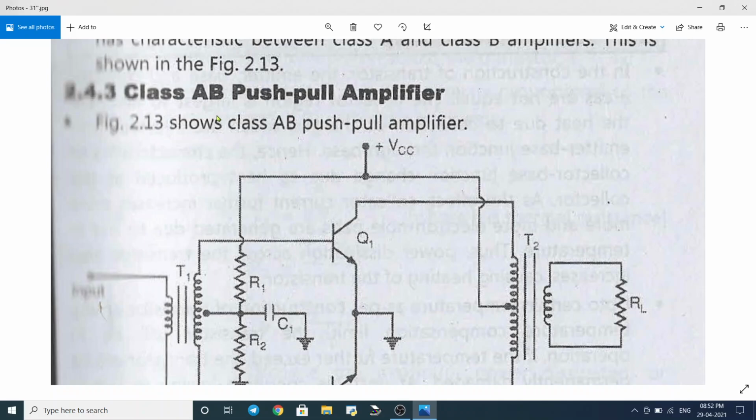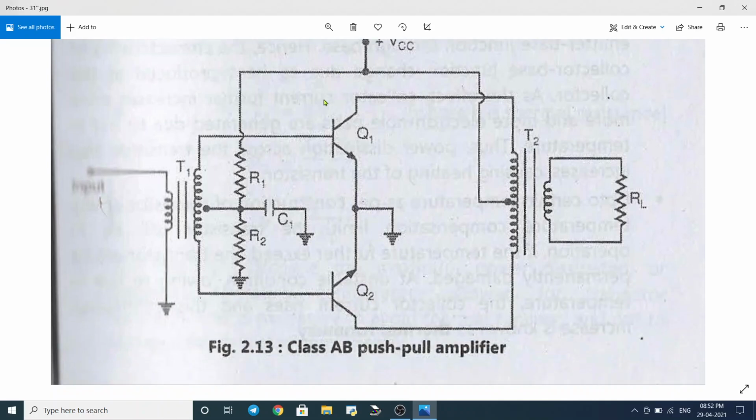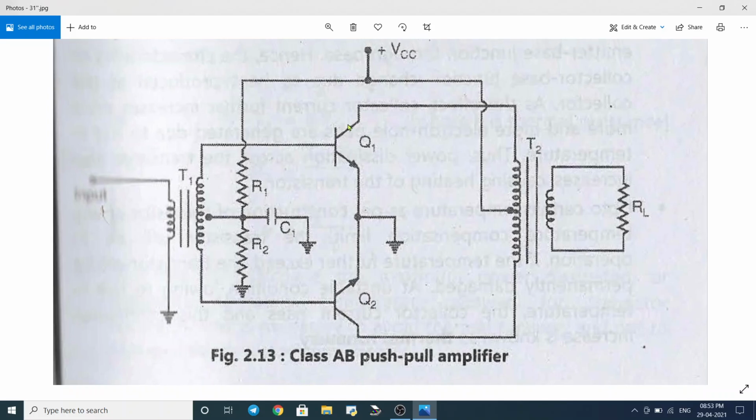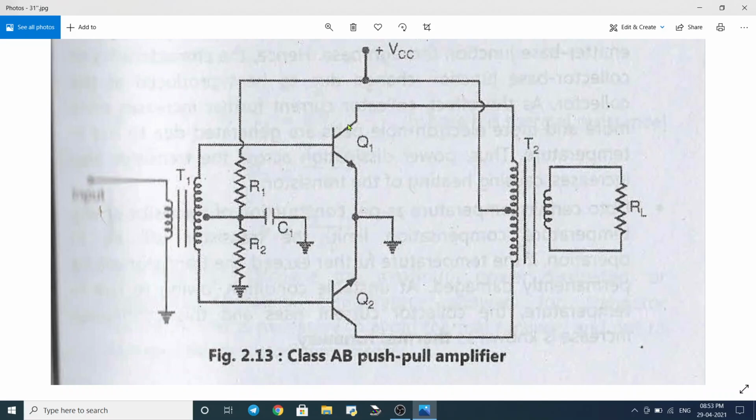So why is this type of push-pull amplifier important? Because we can remove the crossover distortion. So this is the circuit diagram for class AB push-pull amplifier. The remedy to the crossover distortion problem is to provide a little forward bias on the base of transistor Q1 and Q2.